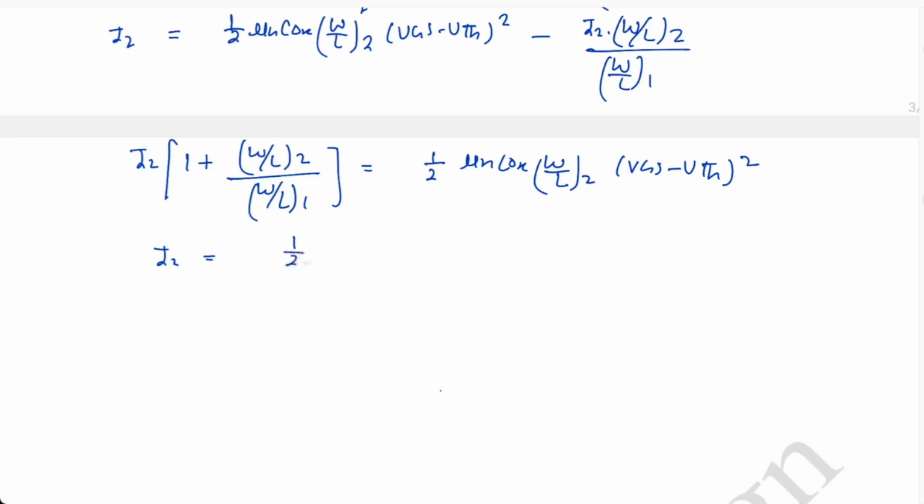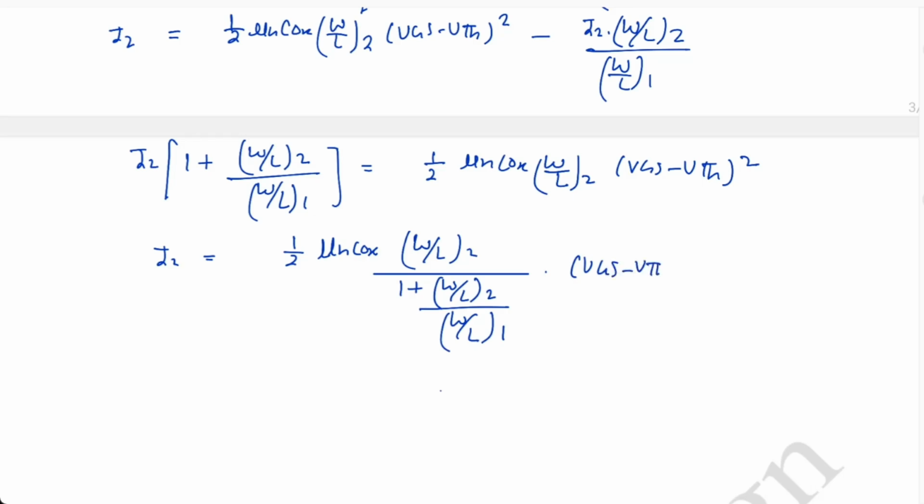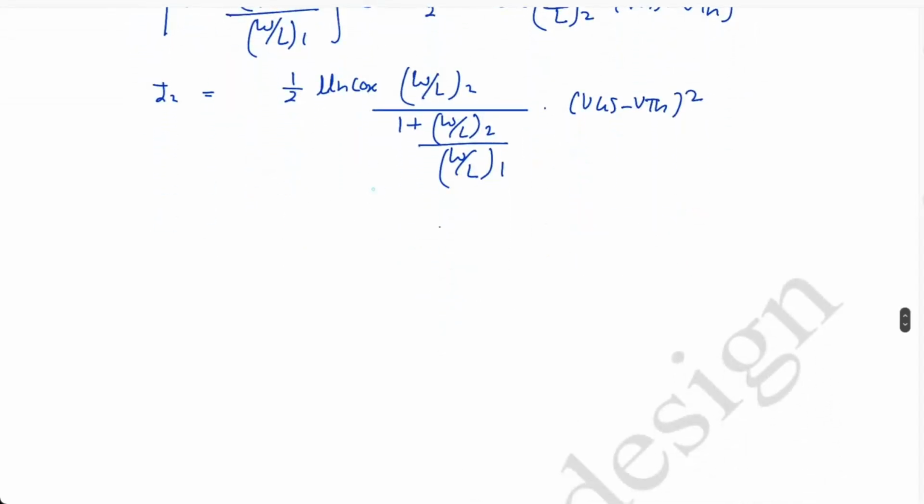I2 will be 1 by 2 mu1 Cox W by L2 divided by (1 plus W by L2 over W by L1) into (VGS minus VTH) whole square. Now W is the same, L1 and L2 are the lengths of M1 and M2, and the width is the same.